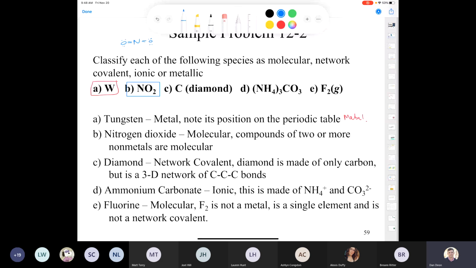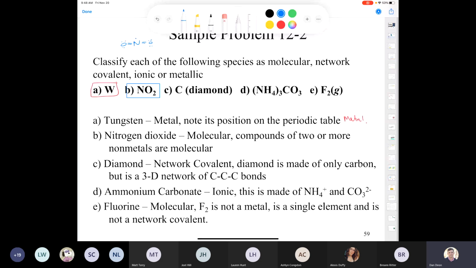Sorry, I'm doing my math wrong here. It's got 17 electrons, right? So this would be the structure of NO2 that I have shown here. Actually, no, it exceeds the octet rule. Fix that. There we go. There's the structure of NO2. It's a polar molecule. So what's going to hold NO2 together in a solid is going to be intermolecular forces, right? So this is just going to be a molecular compound.